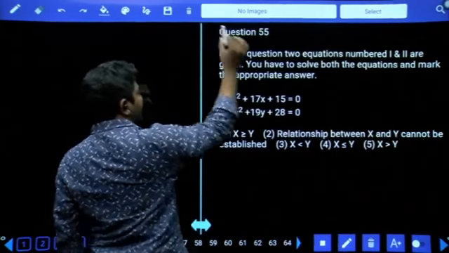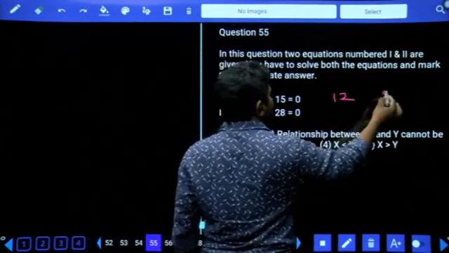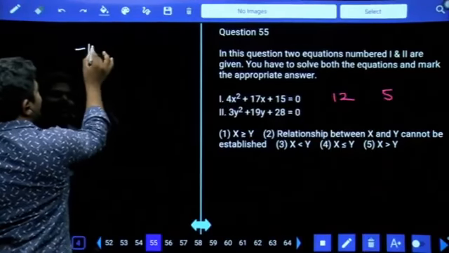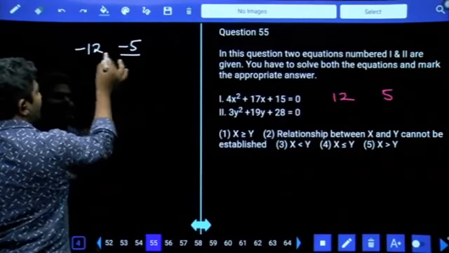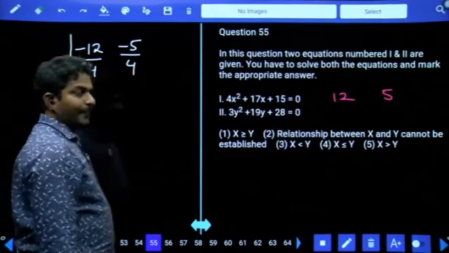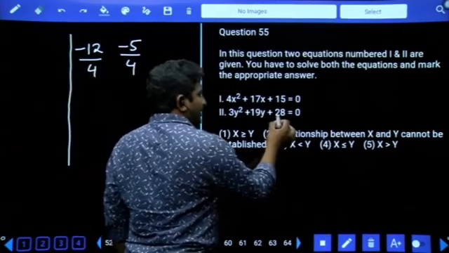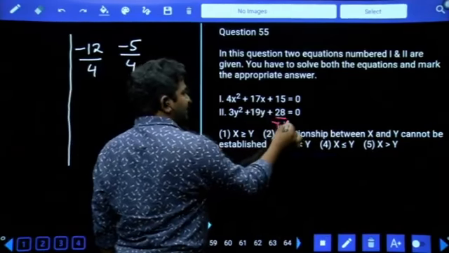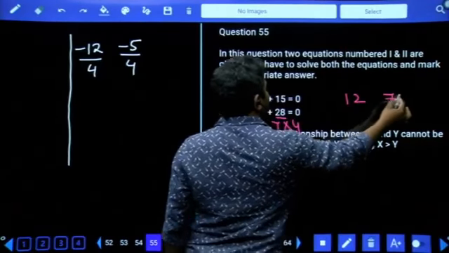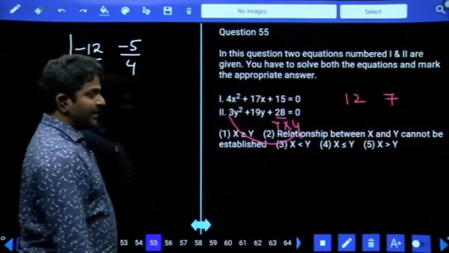15 into 4 is 60. 12 into 5 is 60. Plus 12 plus 5 is plus 17. Factors are minus 12 minus 5 divided by the coefficient of x square. 28 can be written as 7 into 4. 3 into 4 is 12 and then 7. Plus 12 plus 7, that is plus 19.